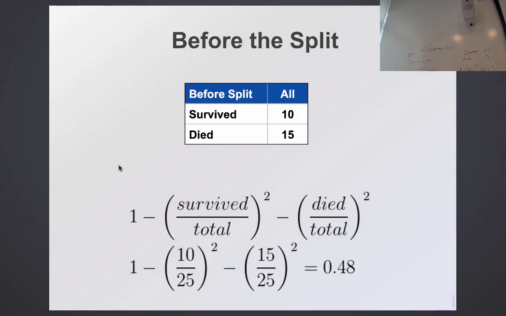Theoretically, this is a bad example because you can't. To get 1 out of this, there would have to be 0 people in either category. It would be 1 minus 0 minus 0, which is 1. You can't do that, so you can't actually have a Gini index of 1 in this case.